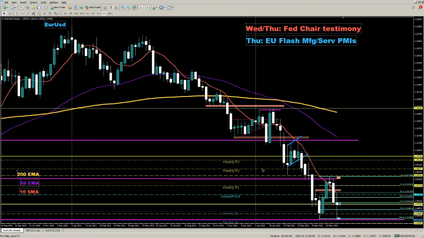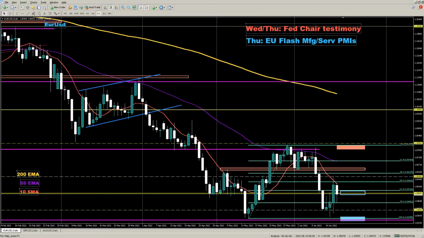And this is even after last week, there was the Federal Reserve, where they did raise interest rates, with a surprise higher quantum as well of 75 basis points instead of 50. And that was Wednesday afternoon in the US.